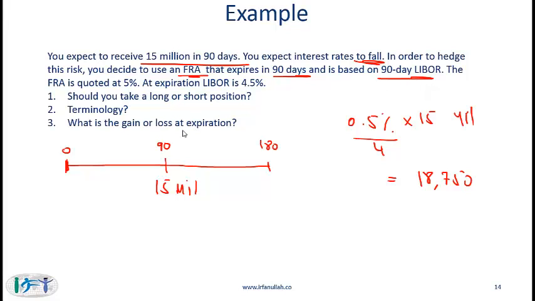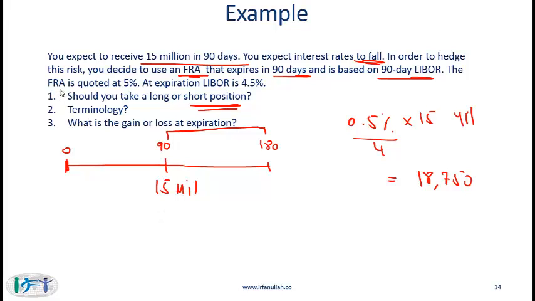Since we are talking about a 90-day LIBOR, then this period is 90 days. Since you are getting 15 million and you will be investing this amount, what you need to do is take a short position. Why? Because you would rather lock in your rate at which you are investing rather than face the risk of interest rates falling.